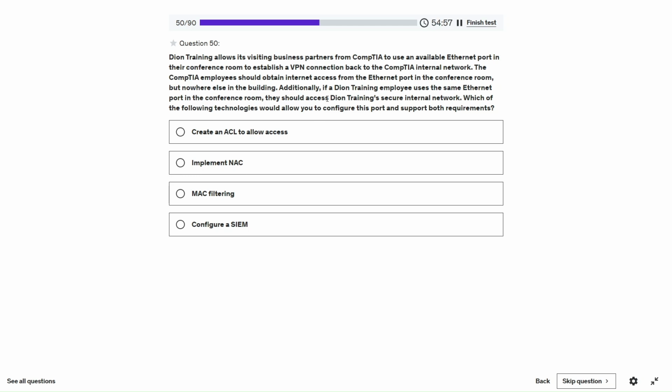Which of the following? So indirectly, it is saying that you need to only allow specific people to access this connection or this port. So how are you going to secure it? It's always going to be secured by implementing NAC, network access control, because only that checks for access.